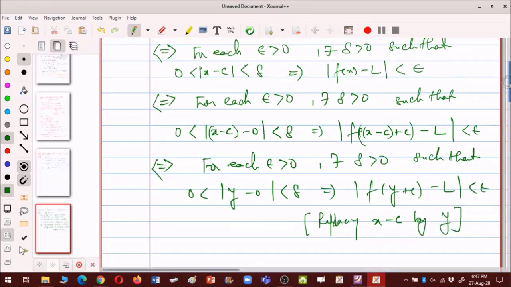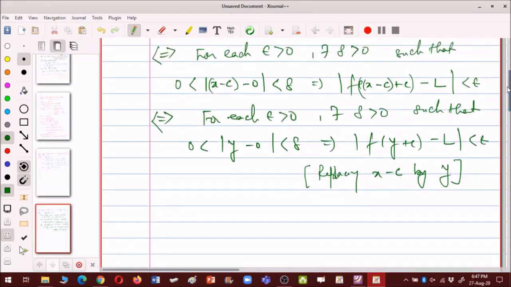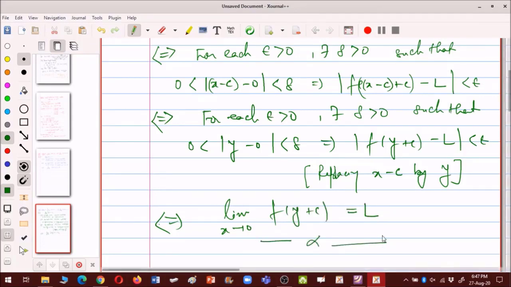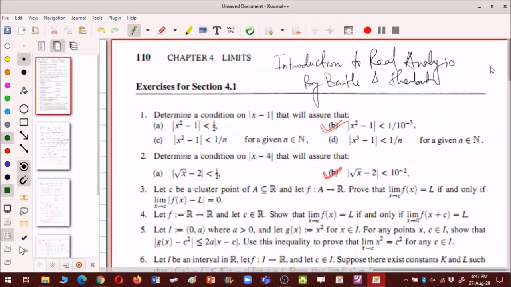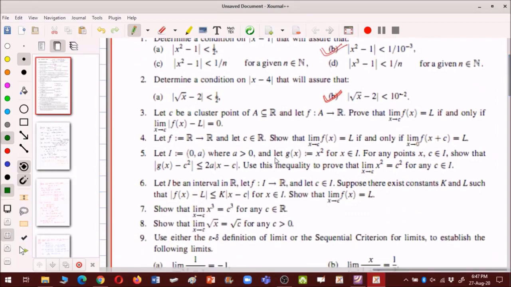Now by definition of limit, this is equivalent to saying that limit y tends to 0, because |y minus 0| is less than delta implies f(y plus c) is equal to L. So this proves question number 4. Now let us move to the next question, question number 5.